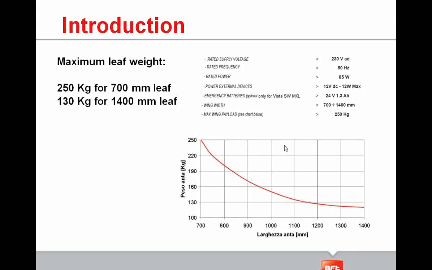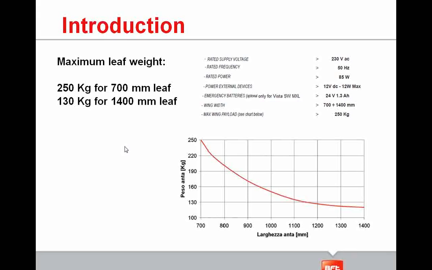In this slide we can see the maximum leaf weight and the dimension of the leaf. For example, you can reach 250 kg if you use a leaf of 70 centimeters.